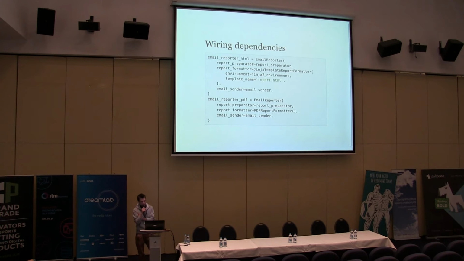The email reporter doesn't have to know about the dependency for the report preparator nor the report formatter. Thanks to that, we can pass 2 different report formatters even if they don't share the same dependencies. We couldn't do that with functions, and that's because the email reporter does not depend on a concrete report formatter, but on its public interface.